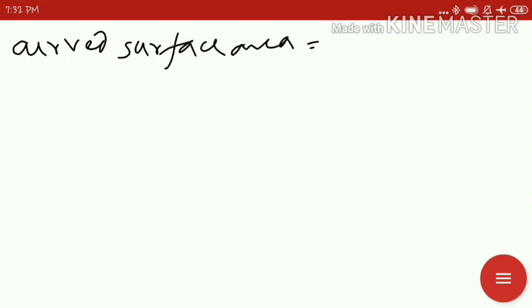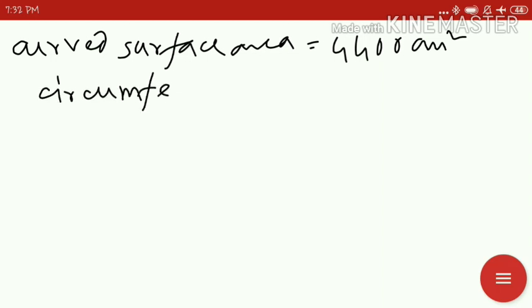From the given data, we have got the curved surface area equal to 4400 centimeter square, and the circumference of the base is 110 centimeter.